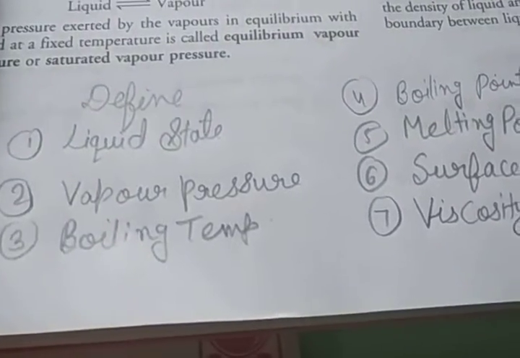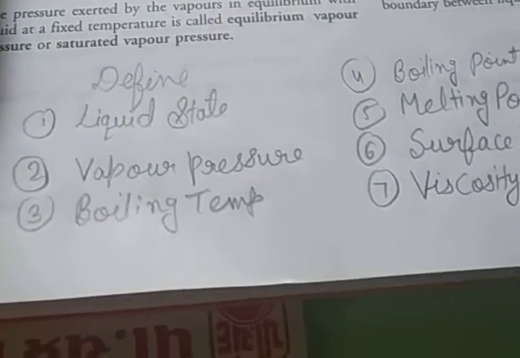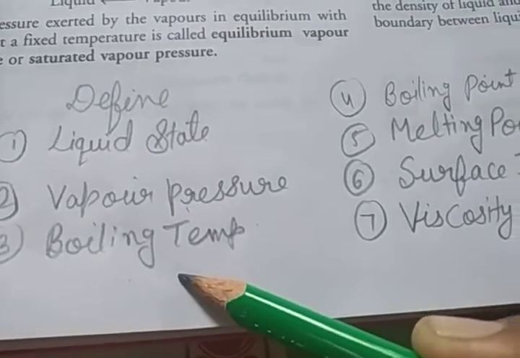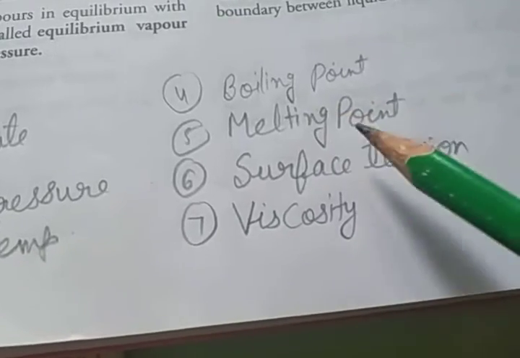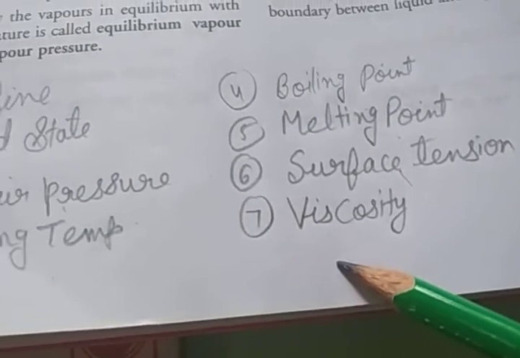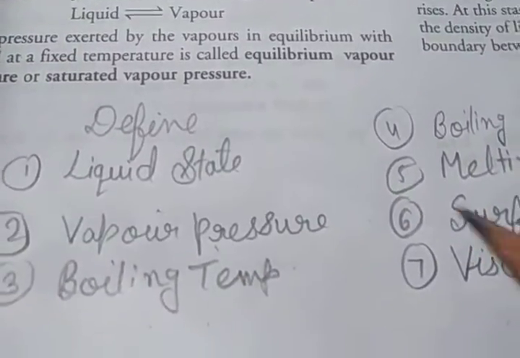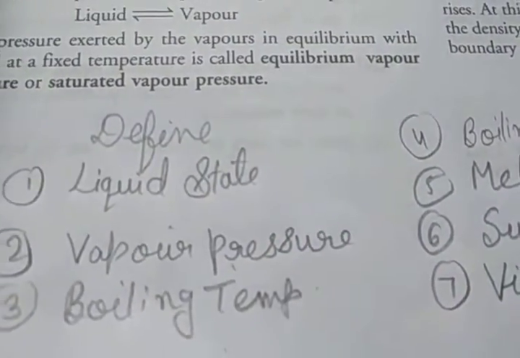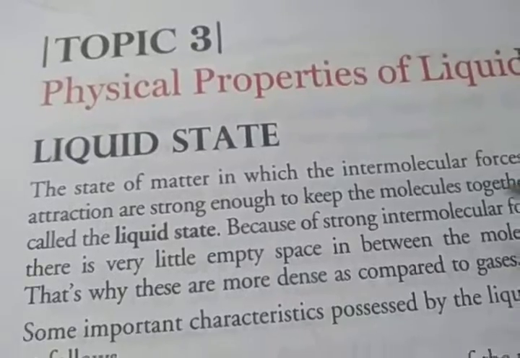Next question is: define the following terms. First is liquid state, second is vapor pressure, next is boiling temperature, fourth is boiling point, fifth is melting point, sixth is surface tension and seventh is viscosity. So first define liquid state.